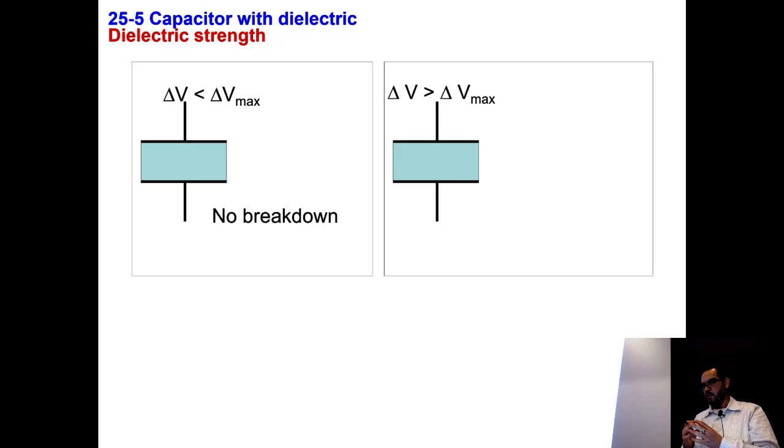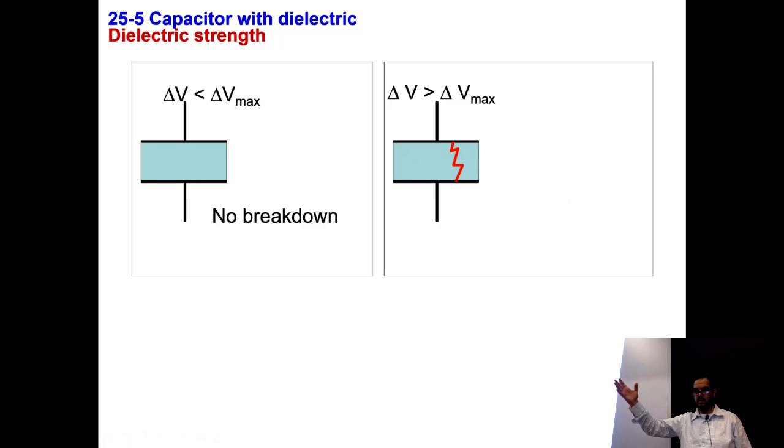So in order to operate a capacitor without breakdown, you have to maintain the voltage difference across its plates lower than a maximum voltage. There is a maximum voltage that we call the breakdown voltage. If you exceed that maximum voltage, you will have breakdown, meaning that you will have conduction through the dielectric material, which is supposed to be an insulator, like air.